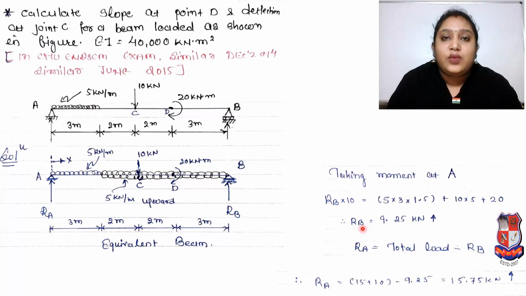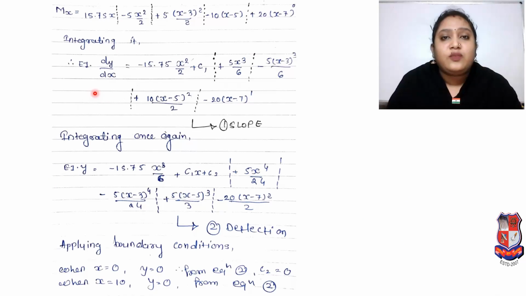So RB will be 9.25 kilonewton upward. Now RA plus RB is equal to total load, so RA is equal to total load minus RB. So RA will be 15 plus 10 minus 9.25. This is UDL, so 5 into 3, that's why it is 15. So 15 plus 10 minus 9.25, so 15.75 kilonewton upward.